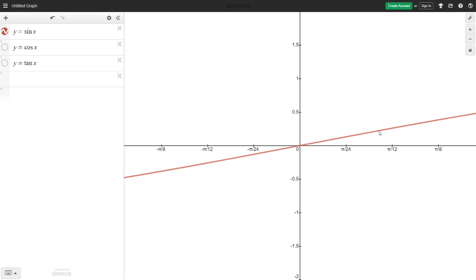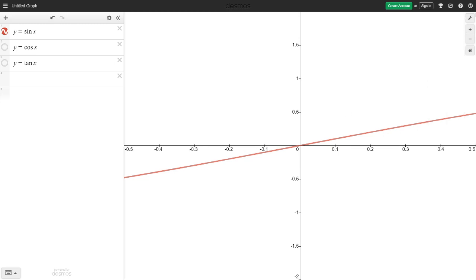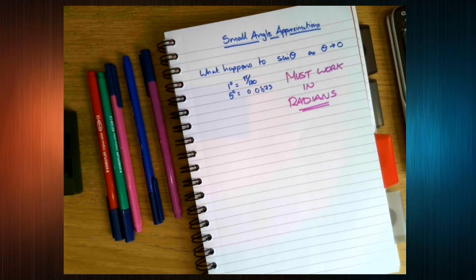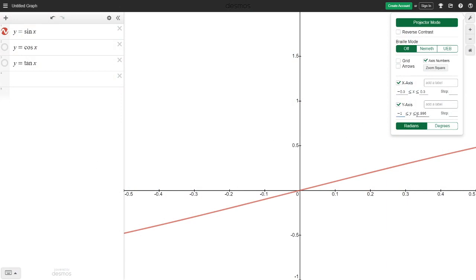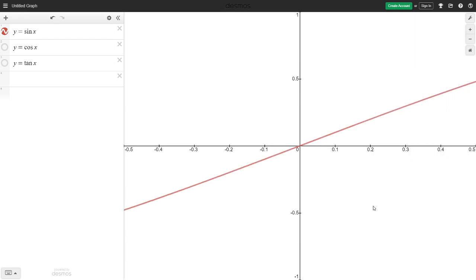This is a very, very small graph, as you can see. Let's change that so it's a slightly more sensible unit, and let's change this so it's a slightly more sensible unit. Okay. So let's have a look at this graph.